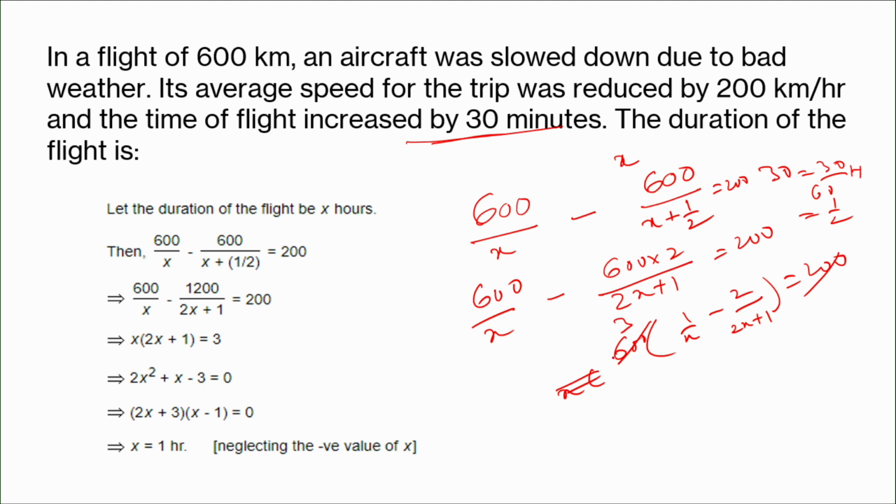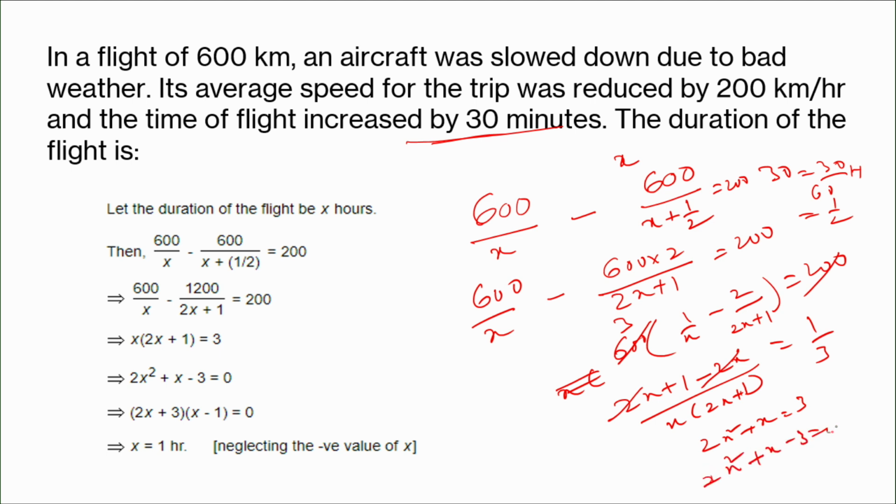Then it goes up: 2x plus 1 minus 2x by x into 2x plus 1 is equal to 1 by 3. 2x gets cancelled. Take the cross multiplication: 2x square plus x is equal to 3, or 2x square plus x minus 3 equal to 0. You have a quadratic equation, solve it. 2x square plus x minus 3 you can write as 2x plus 3 into x minus 1 equal to 0.